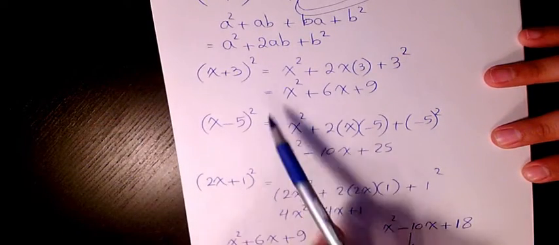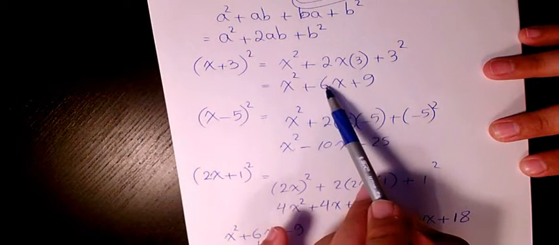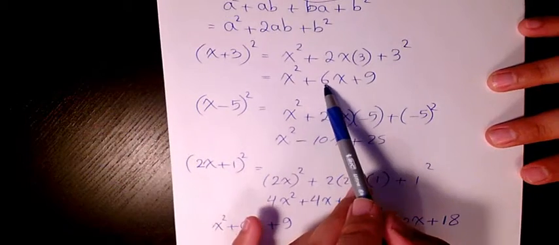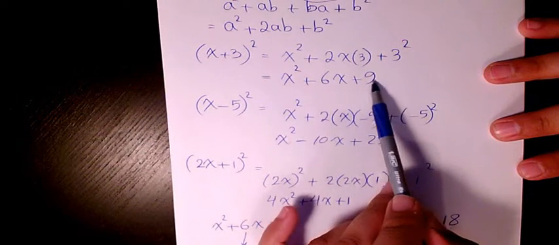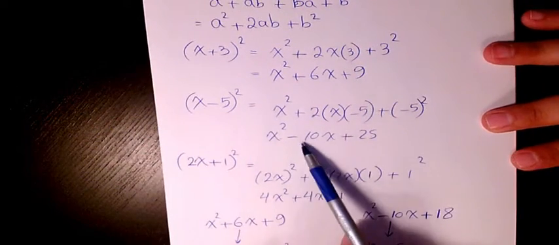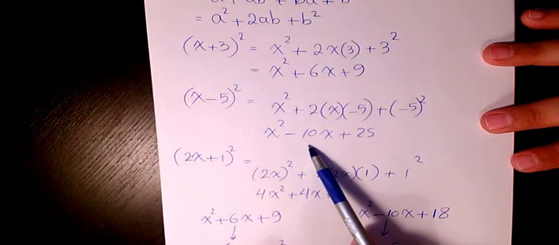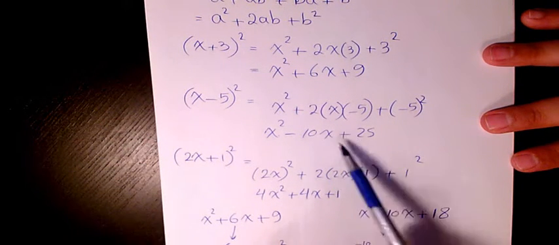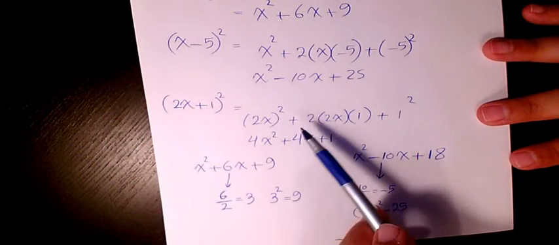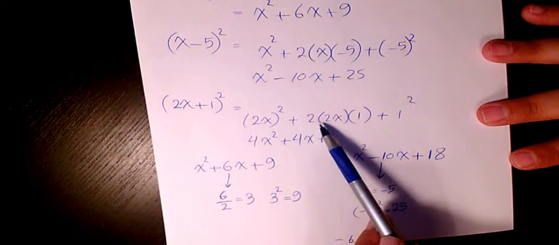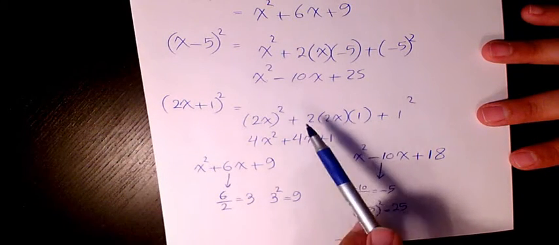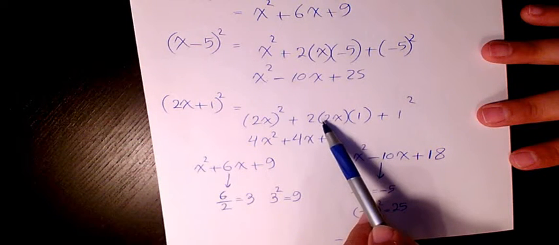For example, let's check here. 6 divided by 2 is 3, to the power of 2 is 9. So that's why we have a perfect square. Negative 10 divided by 2 is negative 5. Negative 5 to the power of 2 is 25. This one, we have 2x.